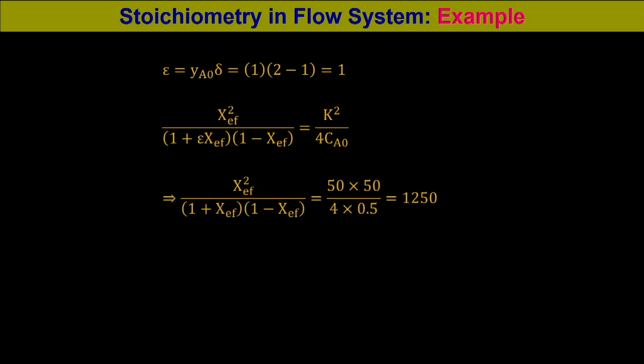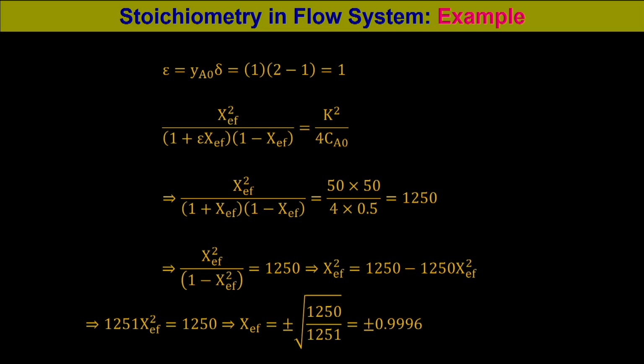Now, if we substitute the values here, K is 50 which is given, and initial concentration is 0.5. So, this is coming to be 1250. If we solve it, Xef square would be equal to 1250 minus 1250 Xef square.